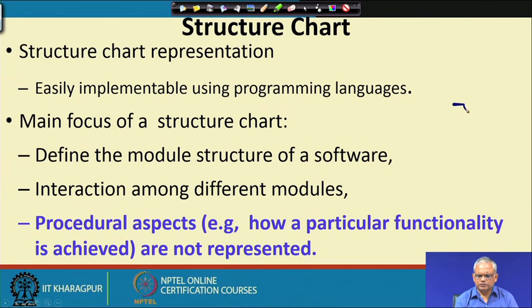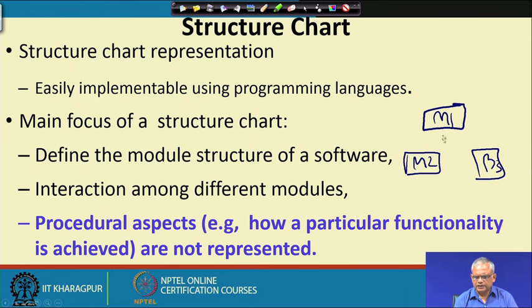So, these are the different modules M1, M2, M3 etc., and the call relationship among modules and the data exchange among modules, but we do not represent in the structure chart what exactly happens in M2, what is the procedure or the algorithms used in M2 or M3. That we do in the detailed design, where we identify the algorithms and the data structures that are used, and we develop a module specification for each module.